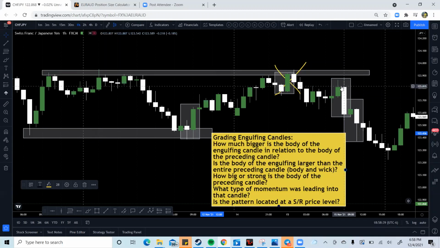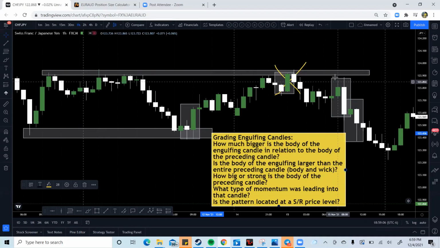So all you're asking yourself is, is it bullish momentum leading into that engulfing candle, or bearish momentum? A little bit of bullish momentum, just a few candles, but barely enough to be called bullish momentum. So yes, you want bullish momentum, whether strong or weak, leading into that candle. And is the pattern located at a support resistance level? The wicks get close to that level, so I'm going to say yes.